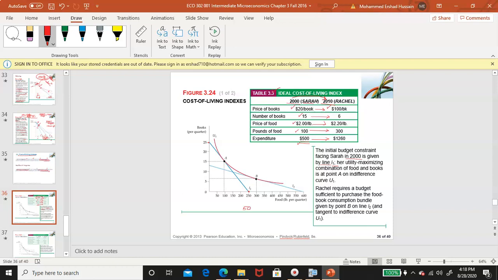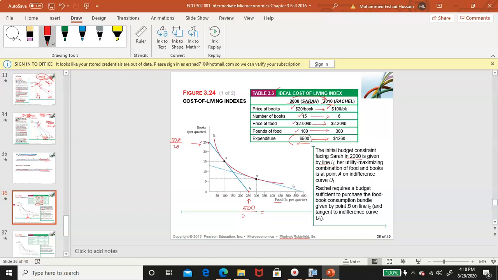Income is 500 for Sarah, and the price of food is $2, so 500 divided by 2 is 250. On the other hand, here again income is 500, that is the money he can spend, and the price of a book is 20, so if you divide, you get 25.